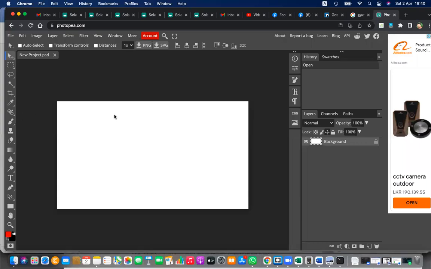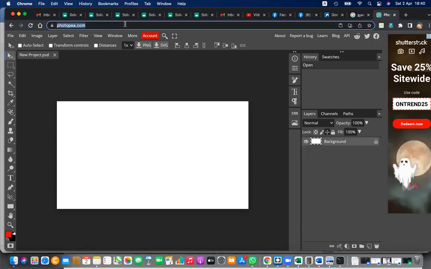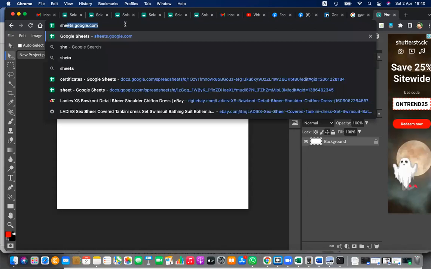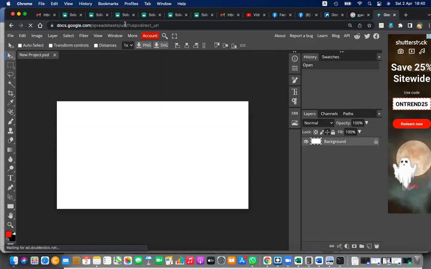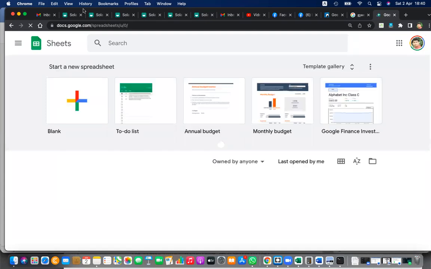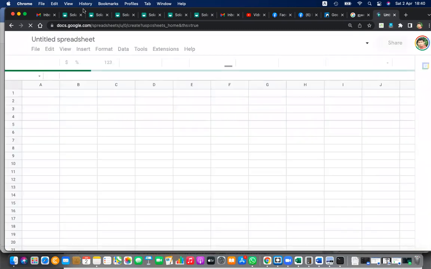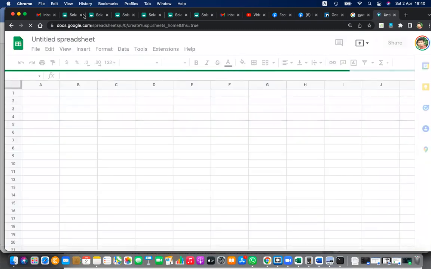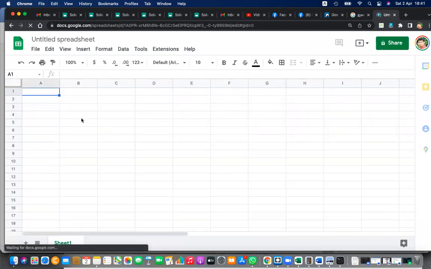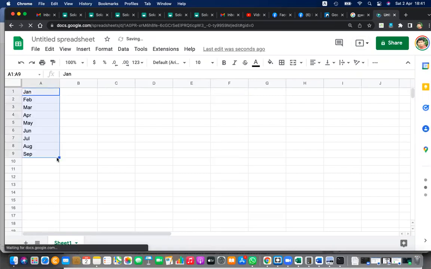If you're familiar with the Photoshop interface, this is it. And let's say you don't have Word, PowerPoint or Excel, you can visit sheets.google.com. You can see this looks like Excel, and you can also perform functions related to Excel. Let's try to autofill Jan. If I try to autofill, you can see it's autofilling.